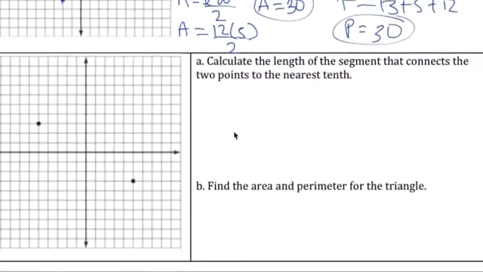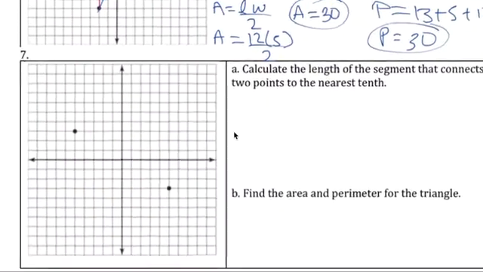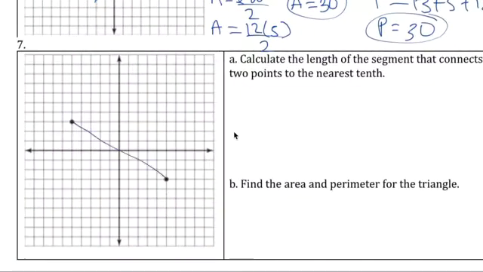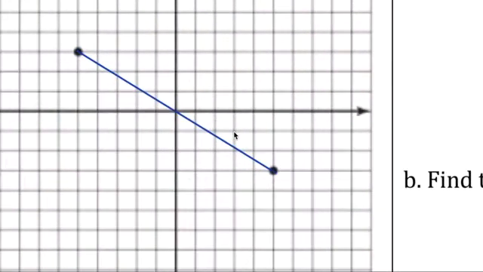Calculate the length of the segment that connects the 2 points to the nearest tenth. It's going down how many? Over how many? Down, I think that's 6, over 2, 4, 6, 8, 10, over 10.